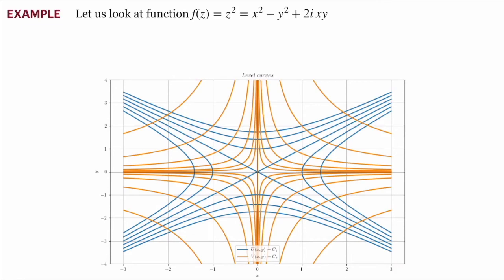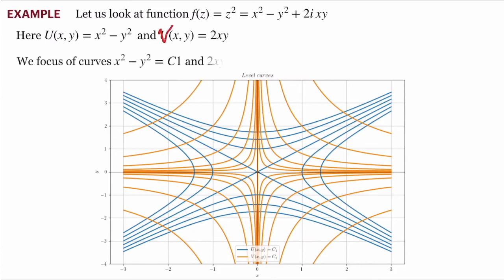x square plus y square minus 2i xy. So we have u as x square minus y square and v as 2x into y. So we are looking at the curves x square minus y square is equal to c1 and 2xy is equal to c2. So you can see the curves.